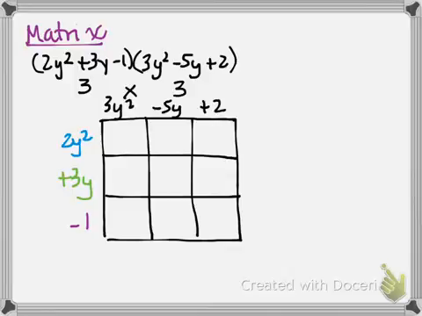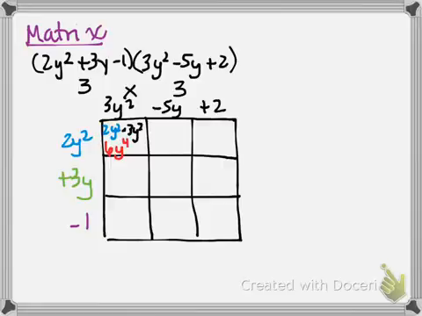So for this upper left rectangle, we've got 2y squared, and we're going to multiply it by the 3y squared, and we get a total of, I'm going to just do a red color for the whole thing, 6y to the fourth.